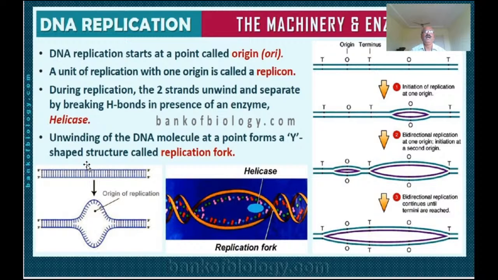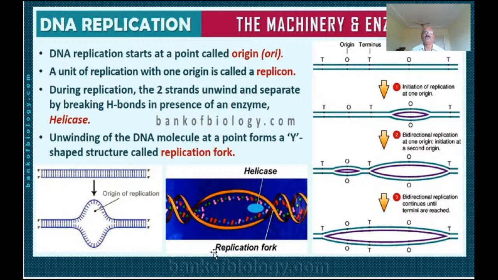Unwinding of the DNA molecule at a point forms a Y-shaped structure called the replication fork. You see here, the two strands are separated by the enzyme helicase, so this Y-shaped structure forms. This is called the replication fork.